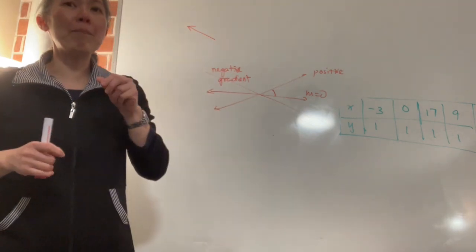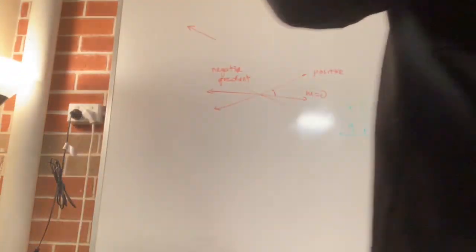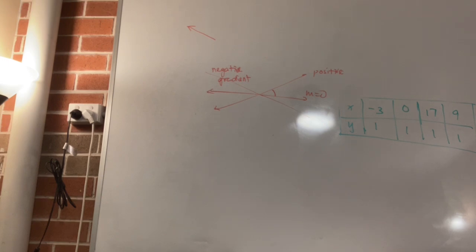Now I want you to look back to page 2 of your booklet. Looking at the equations given to you, look at the line you found in D. Is the gradient positive or negative?